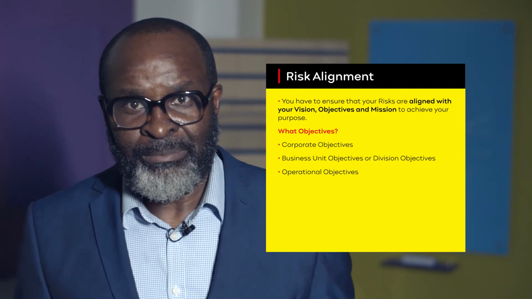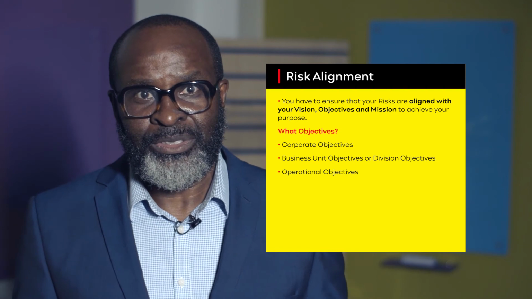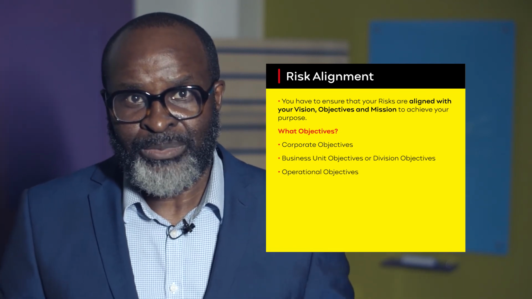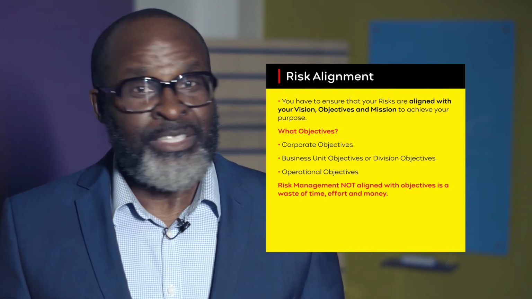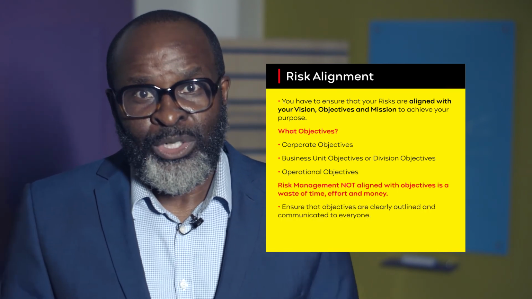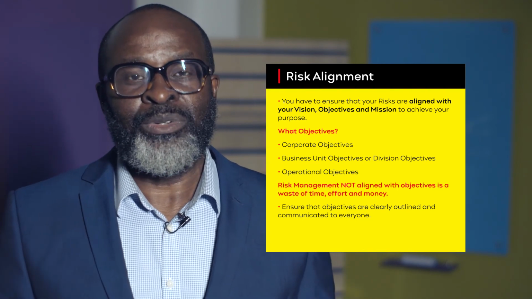You want to make sure that these objectives are clearly mapped out, and risk management has to be aligned with all this. You've got to align risk with all these various internal objectives. When risk management is not aligned with objectives, it's just a waste of effort, time, and money. So ensure that all your objectives are clearly outlined and communicated to everyone.